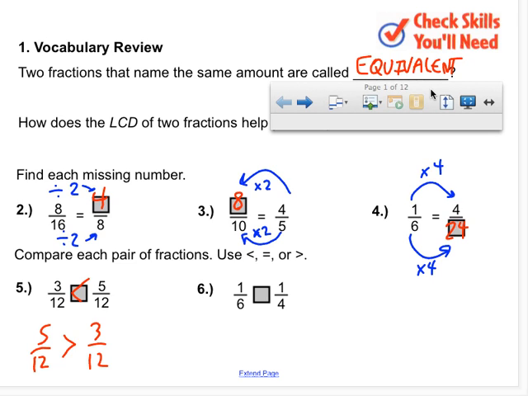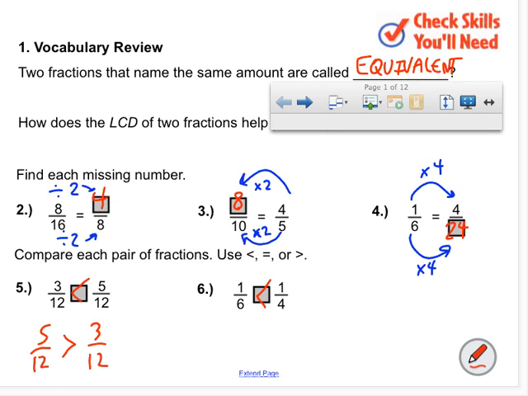Right. And if we think about it, let's think about a pizza. So if I have two pizzas and they're the same size, and I cut my first pizza into 2 equal parts, and then I take my second pizza and I cut it into 4 equal parts. The slice from the first pizza is how much? 1/2, right?